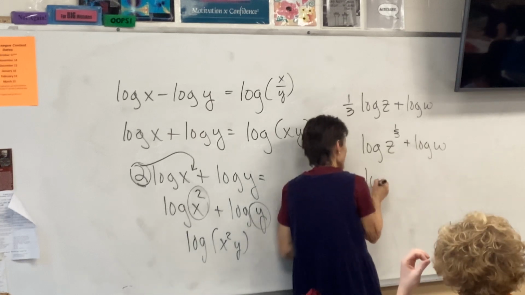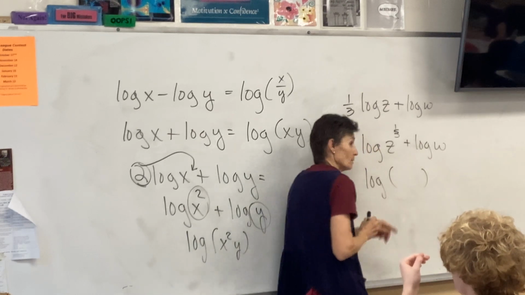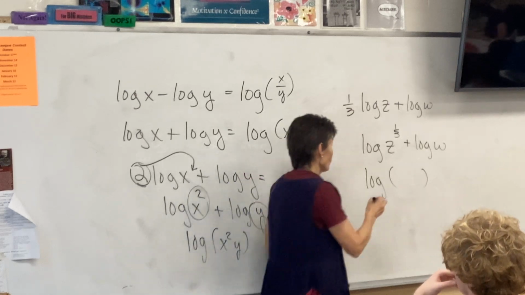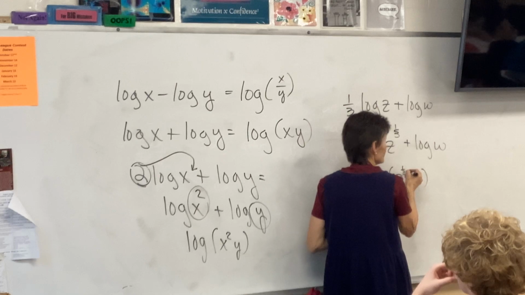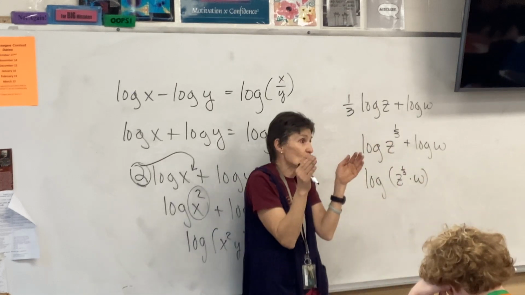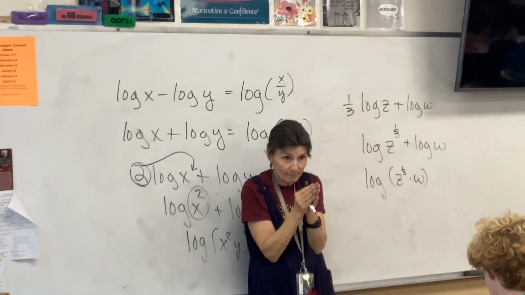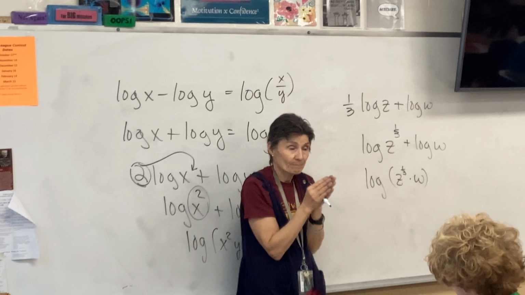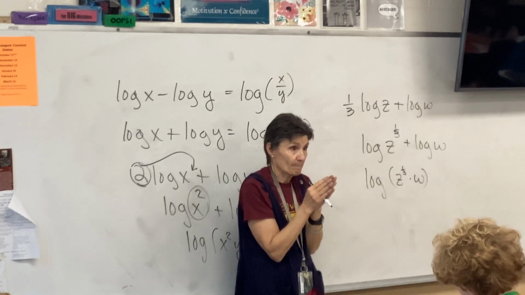I need one logarithm. What is going to be in that parentheses? Z to the 1/3 times W. Why is it times? Because when you put together an addition, it becomes a multiplication. Every time.